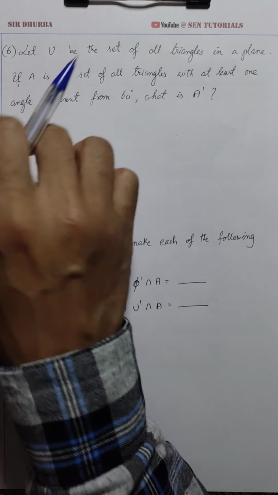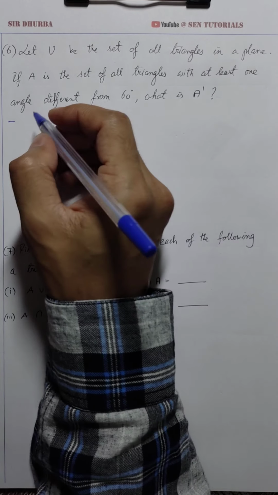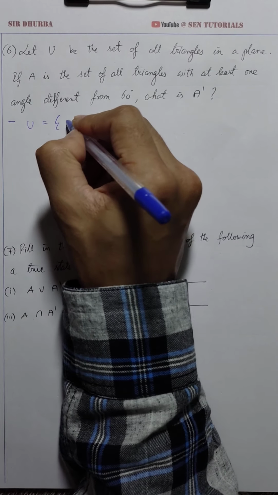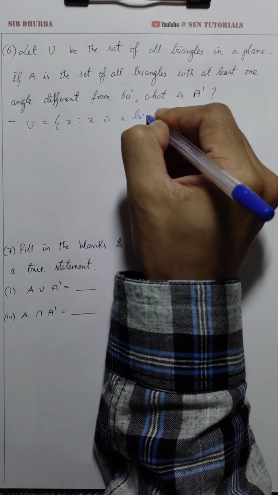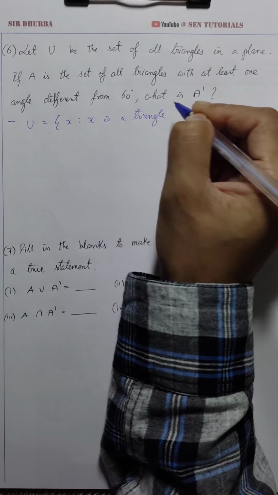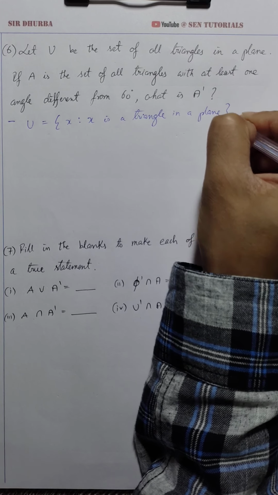Okay. Number 6. U is the universal set of all triangles. That is, X is a triangle, let's say in a plane.